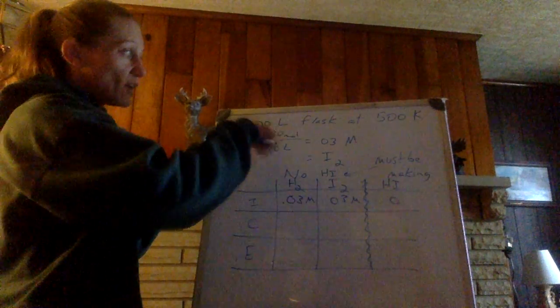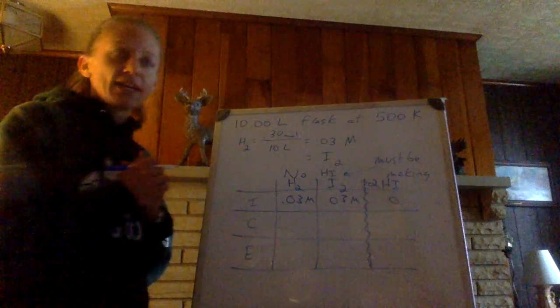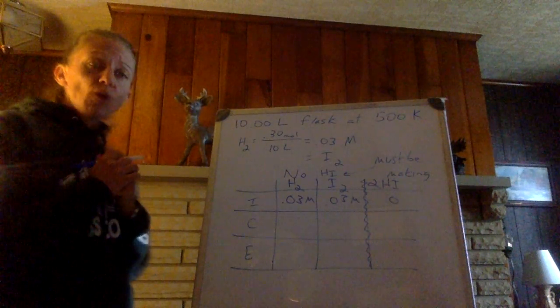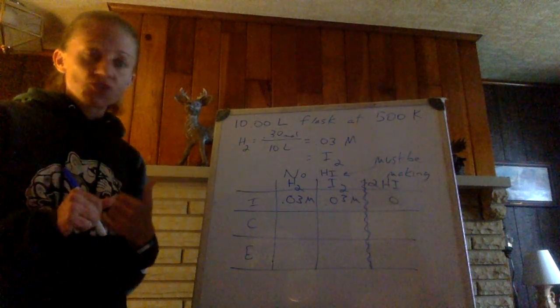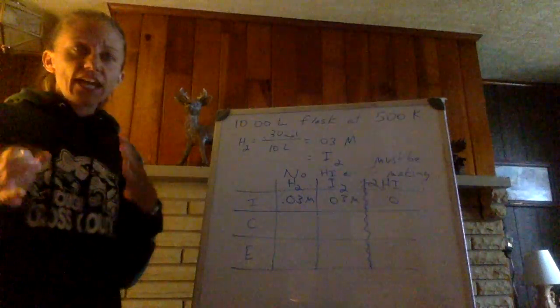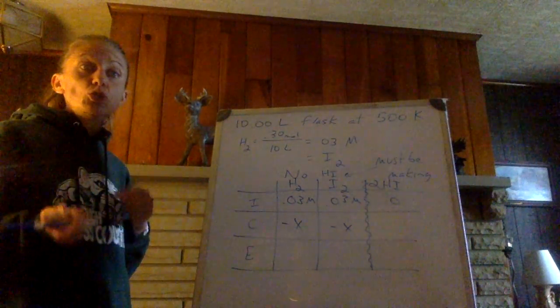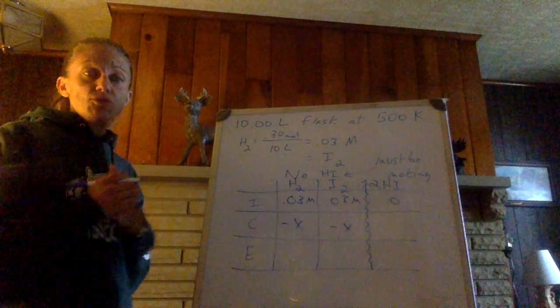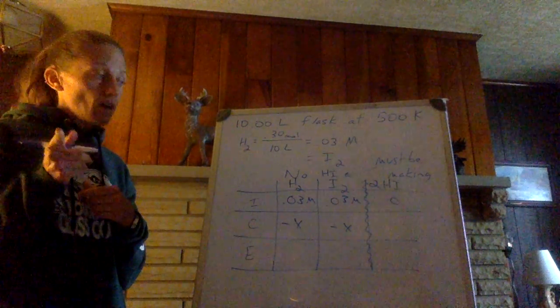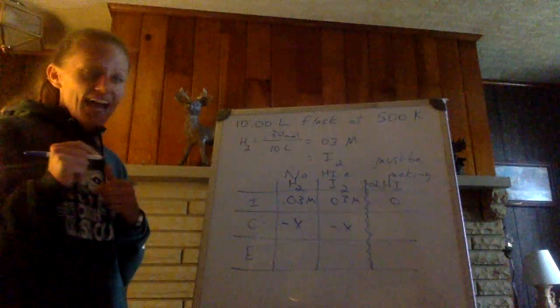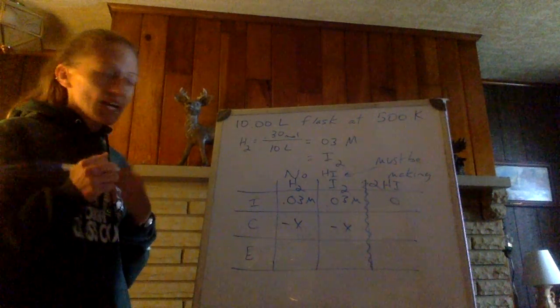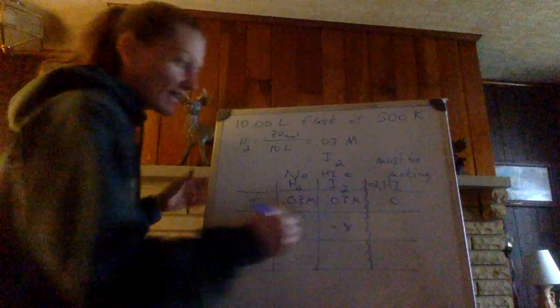Here's another thing. Because it was 2 HI in the balanced equation, you also need the 2 reflected in your change. So, since I've got H2 and I2, I'm going to have to be losing them to move on. Because I have HI coming up, I'm going to be gaining it.